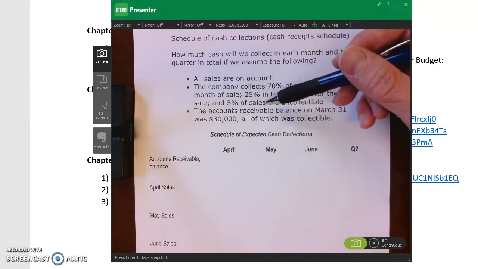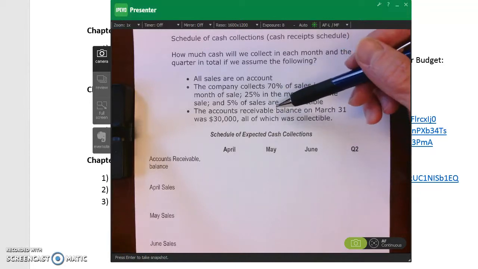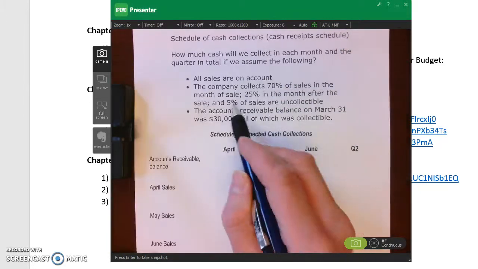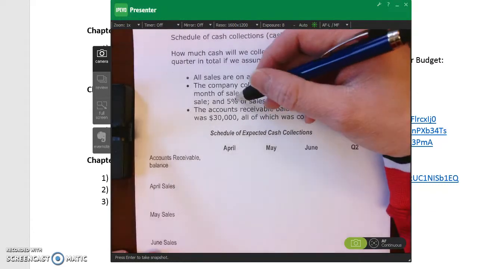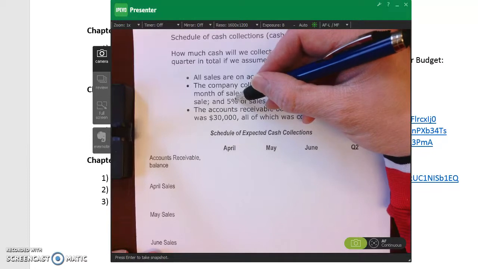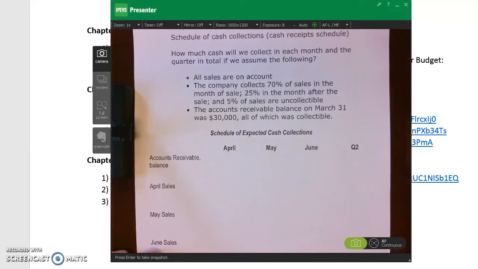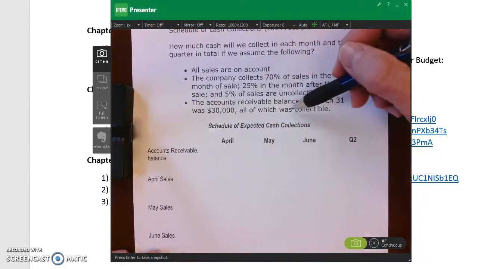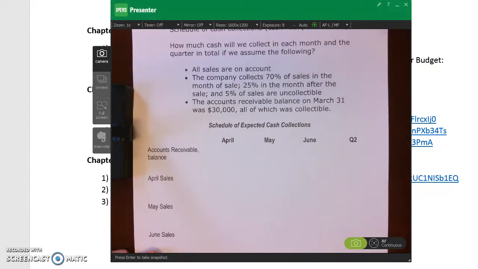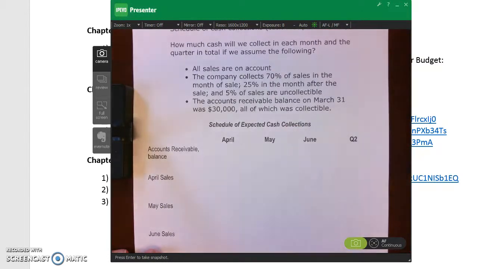That means they would collect 25% of June sales in July. 5% of sales they're never going to collect, and you may or may not remember that this is called bad debts expense, okay? The accounts receivable balance on March 31st was $30,000, all of which was collectible. Okay, so we will collect that.